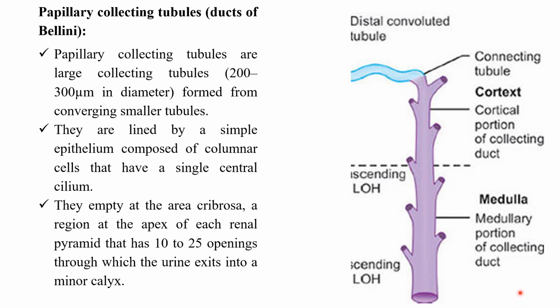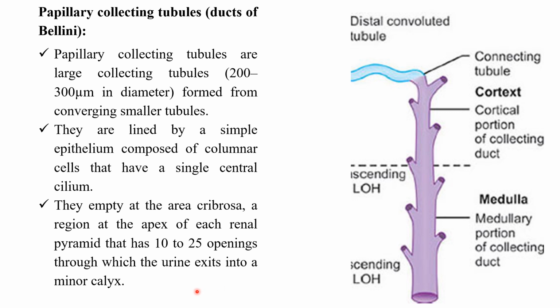They are lined by simple epithelium composed of columnar cells that have a single central cilium. They empty at the area cribrosa, a region at the apex of each renal pyramid that has 10 to 25 openings through which the urine exits into the minor calyx.